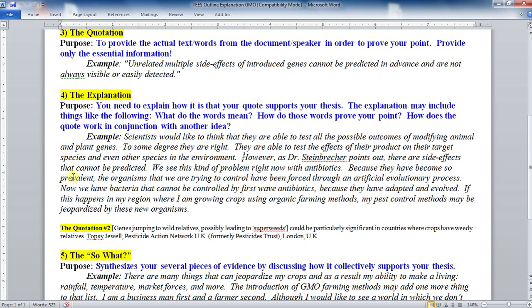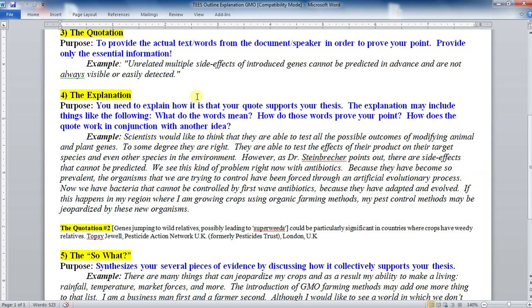So what I did is I tried to explain first of all, what does she mean by unrelated multiple side effects? And to do this, I make the connection to antibiotics. And then I also try and point out how this quote affects my overall idea, which is basically we can't predict the impact that these are going to have on my farming and my pest control methods.